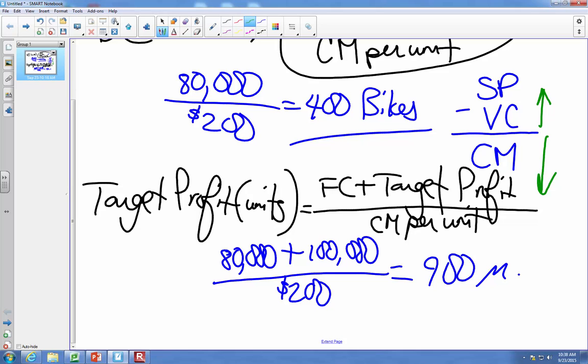Yes. Which variable cost changes? Variable selling costs go up $50 a unit. Does my contribution margin per unit change? Sure. Do my fixed costs change? No. This doesn't change.